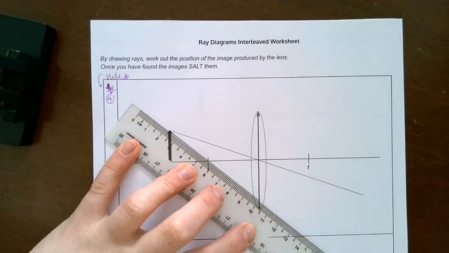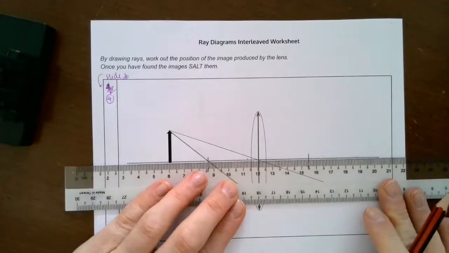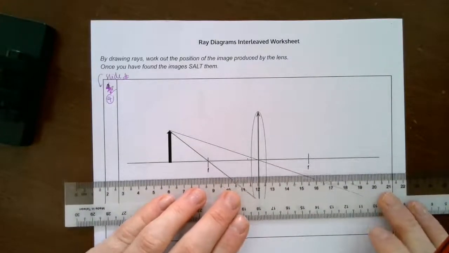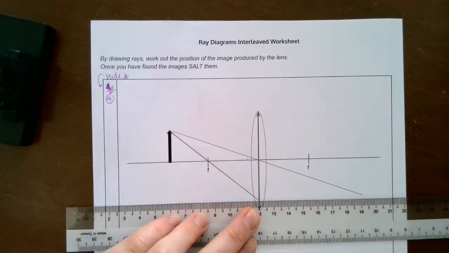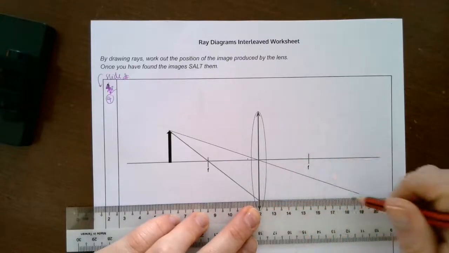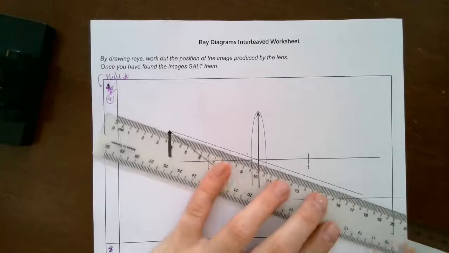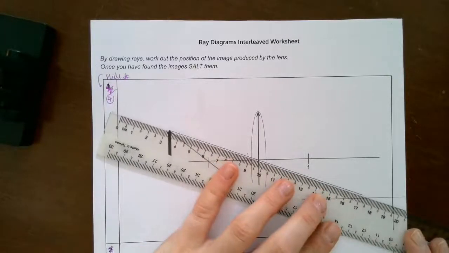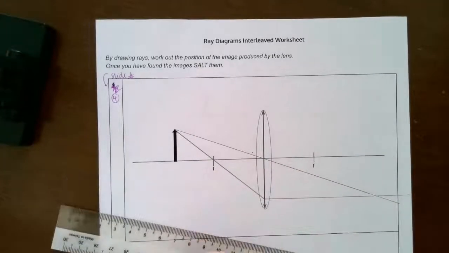It goes to the middle of the lens, and at that point it comes out completely parallel. Okay, so at this point I'm going to go across, and you can already see that I'm going to need to extend that one there, or otherwise I won't find where it crosses.